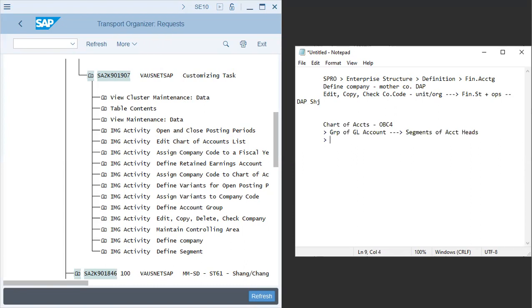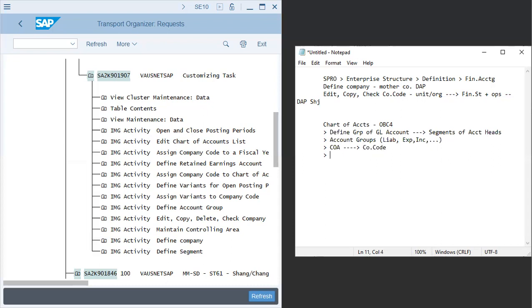So group of GL account, and we define it, and then we outline account groups, which is liability, expense, income, and so on. Account groups once made, chart of account is also assigned to company code.